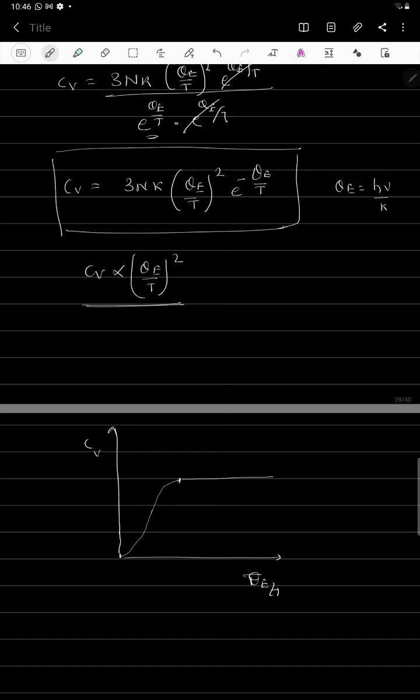At lower temperature, from here to here, the Cv suddenly drops from the higher temperature to the lower temperature.